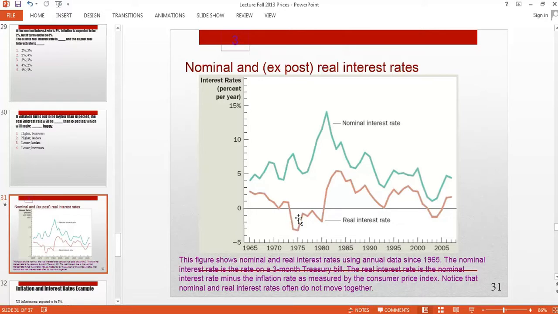In particular, real interest rates can actually be negative. If the nominal interest rate is not too high and the inflation rate is higher, then when we subtract off that inflation rate, we get a negative real interest rate. And what typically happens with negative real interest rates is that all sorts of crazy economic activity that's not actually profitable starts to become profitable.